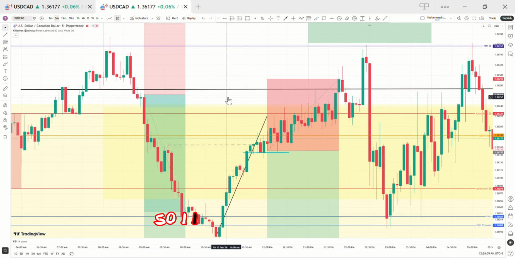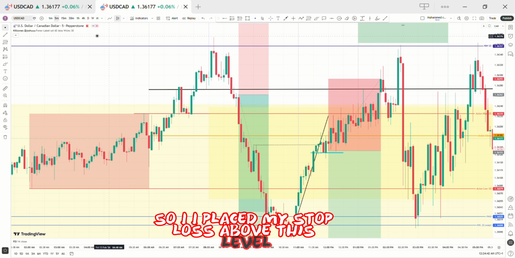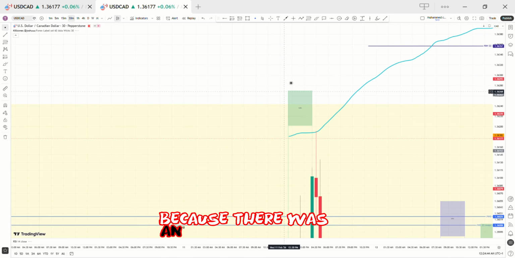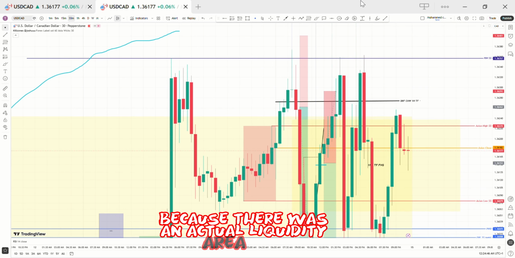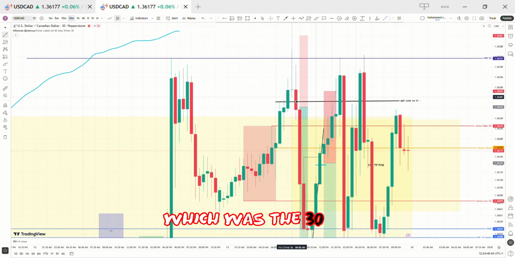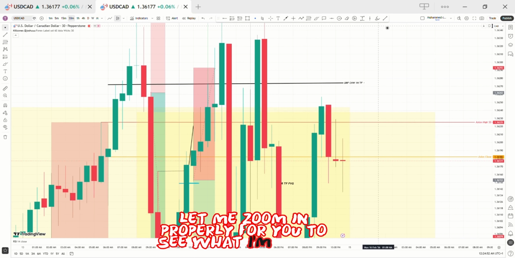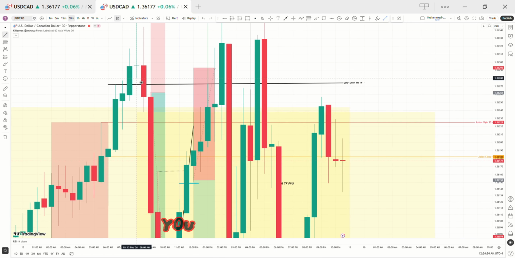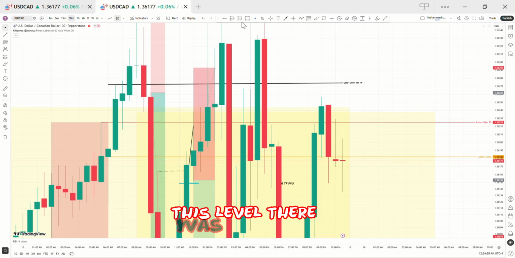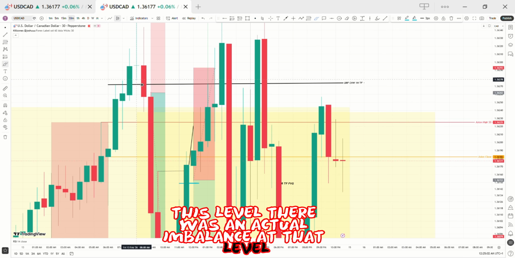I placed my stop loss above this level, because there was an actual liquidity area here, which was the 30-minute. Let me zoom in properly for you to see. You see this level, there was an actual imbalance at that level.